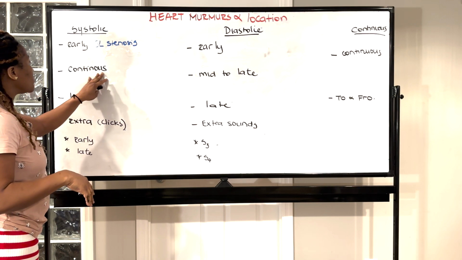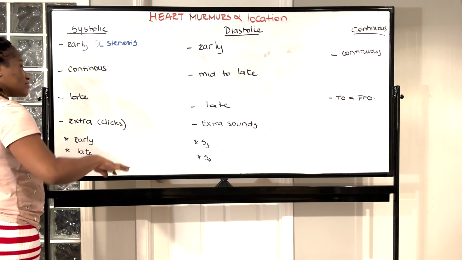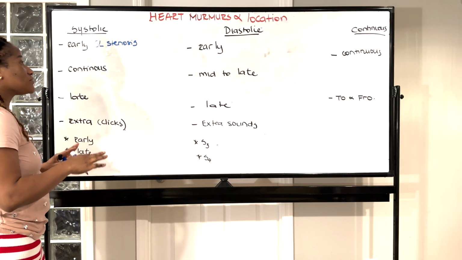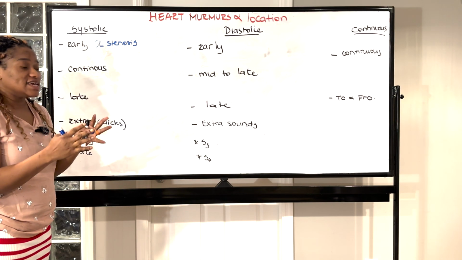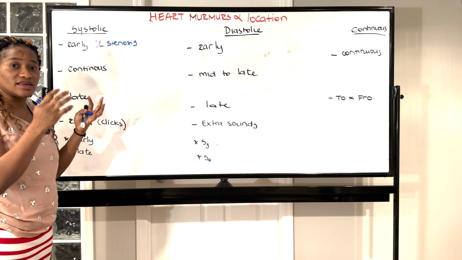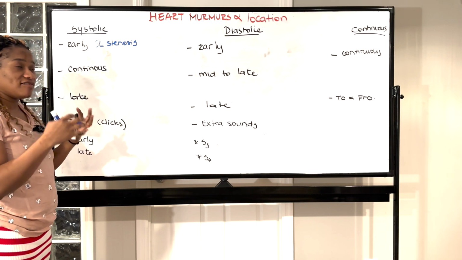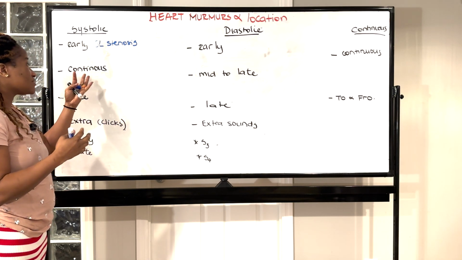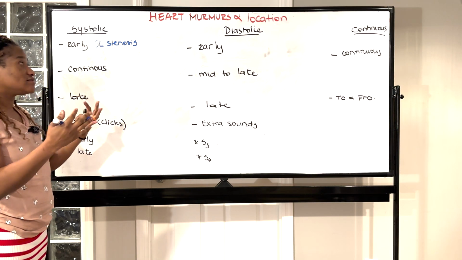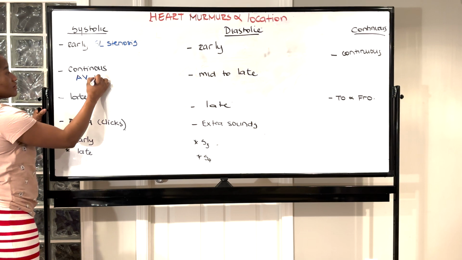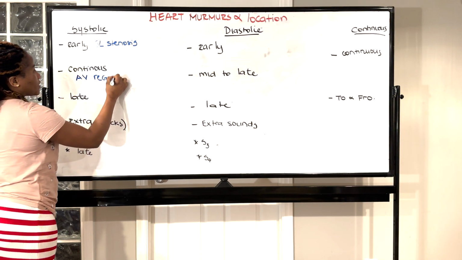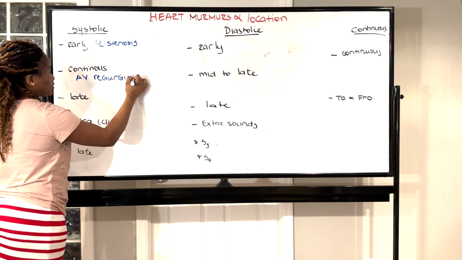Now, what kind of murmur can you hear throughout systole? Remember, your AV valves during systole should remain closed. Now, if they have a leak, you're going to hear that during systole, like a continuous sound. So this is going to be your AV regurgitation.